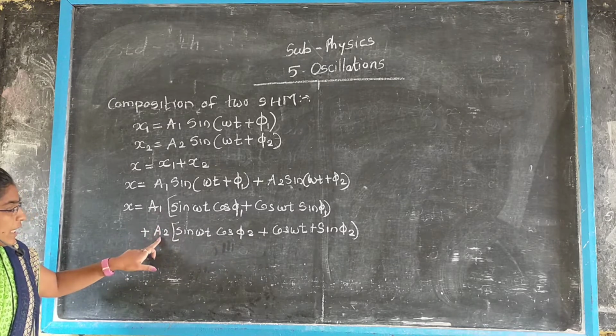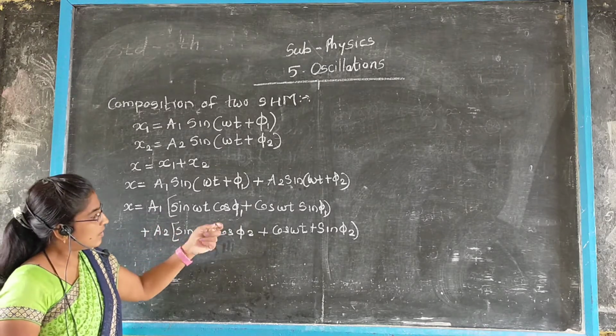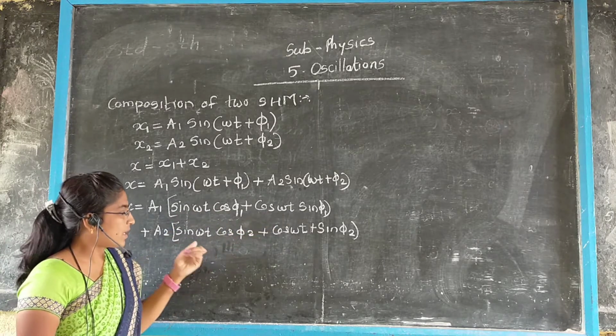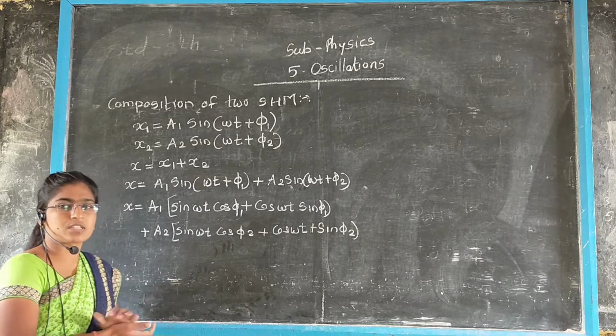Here a1 and a2 are constants. Therefore, sin omega t and cos omega t are also treated as constants.